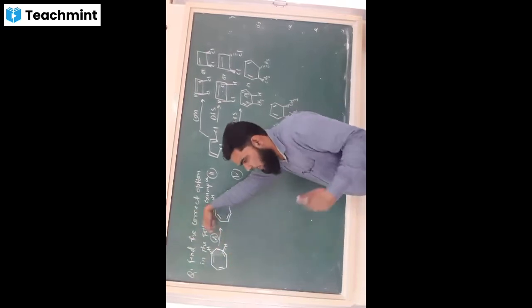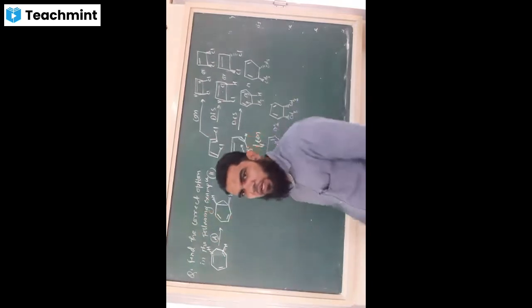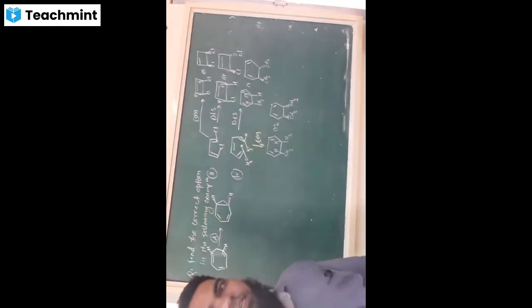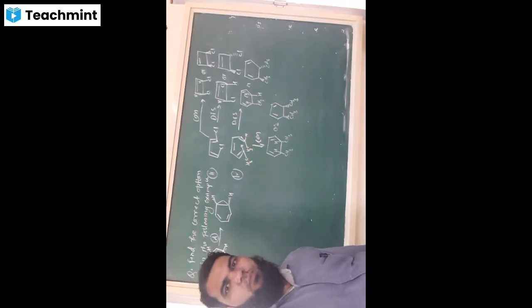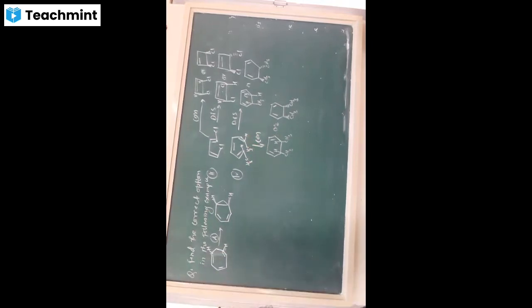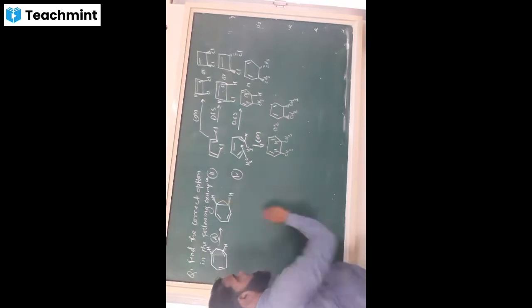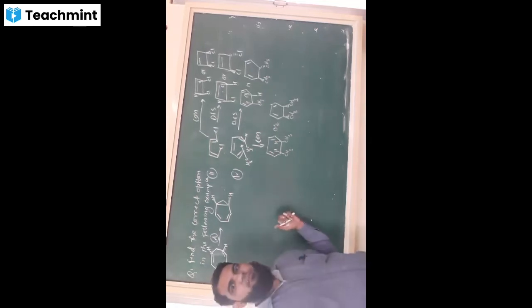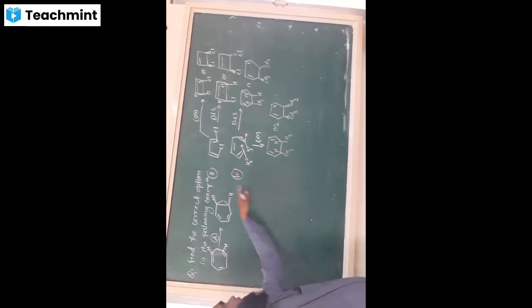It means both the hydrogens are on opposite sides. And in the product they will appear on which side? They will appear on the same side. प्रोडक्ट में वो सेम साइड है, रिएक्टेंट में अपोजिट साइड.